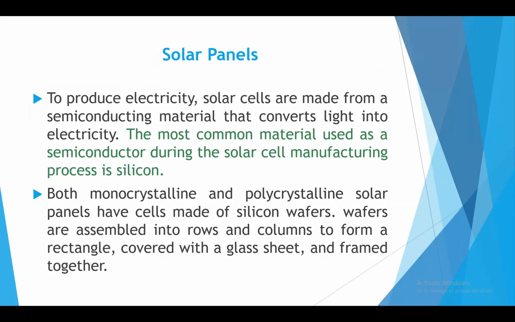The wafers are assembled into rows and columns to form a rectangle that is covered with a glass sheet and framed together. So in this way, in the solar panel we have many solar cells made of silicon wafers.